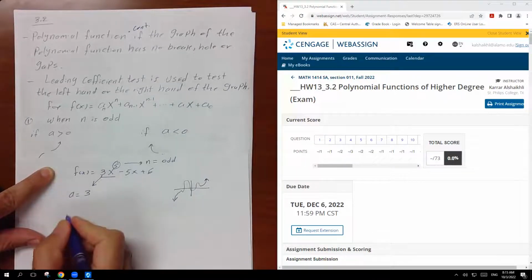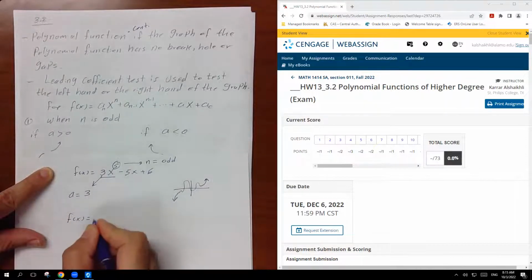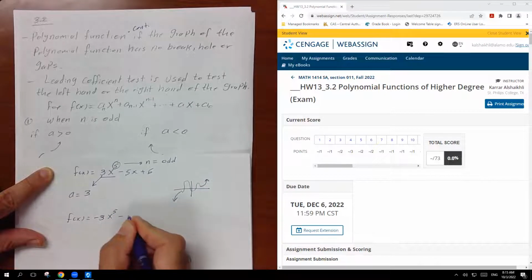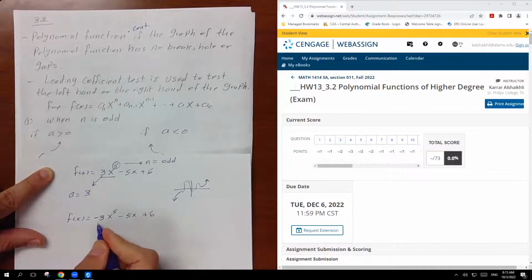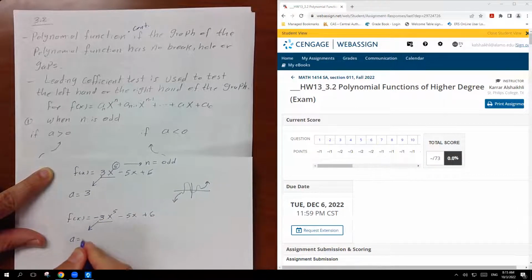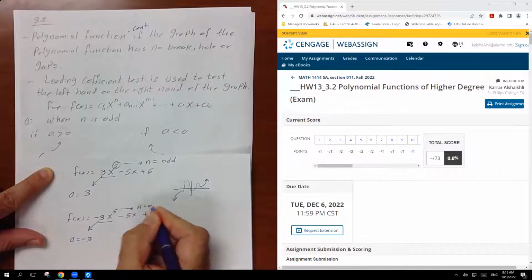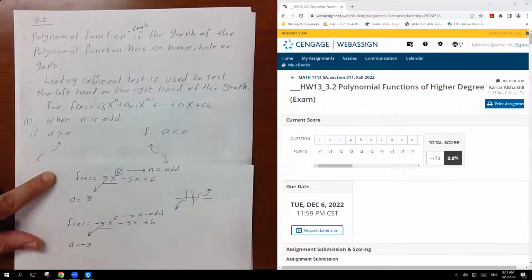The same example: if we have f(x) = -3x^5 - 5x + 6, now it's different because the leading coefficient is a = -3, a negative number, and n is odd. So I'm going to work on this option.